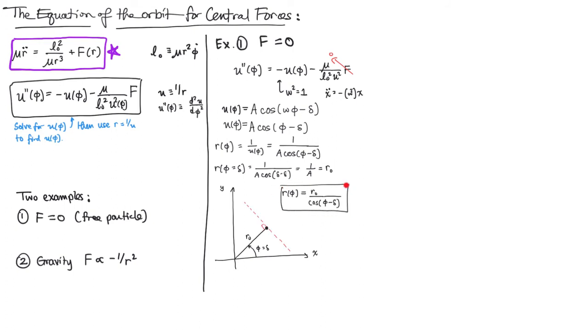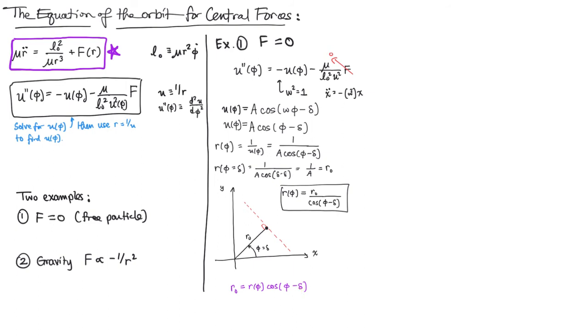So I want to come back to this equation and just rewrite it in a slightly different way. I'll say r naught is equal to r times the cosine of phi minus delta. So this is making me think of trig functions and right triangles. If I have a hypotenuse r, then r naught will be the length of the side adjacent to the angle phi minus delta.